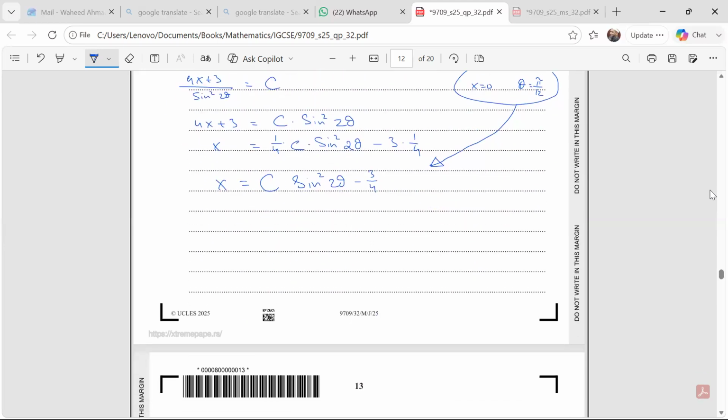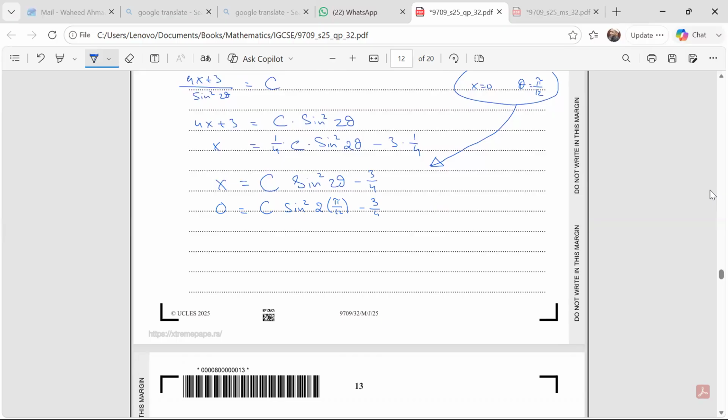So x is 0 when theta is 5 by 12, and we have sine squared 2 theta. Using this condition, we can evaluate the value of this constant c.